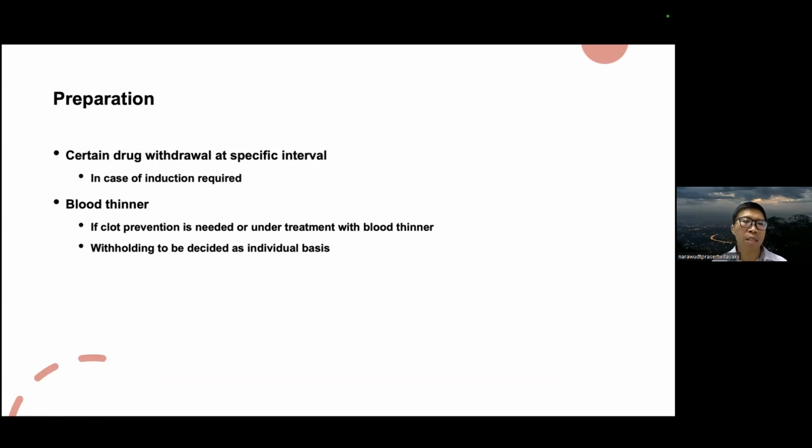Any drug withdrawal, including the heart rhythm medication and blood thinner, shall be decided on an individual basis. If you are a patient referred from another facility, the team needs a specific discussion with your doctor prior to the procedure, and a specific interval may be required.